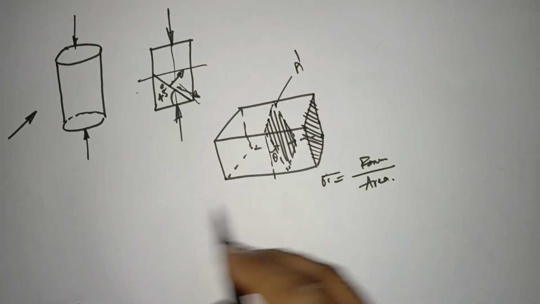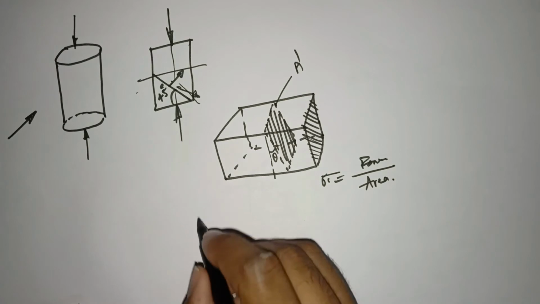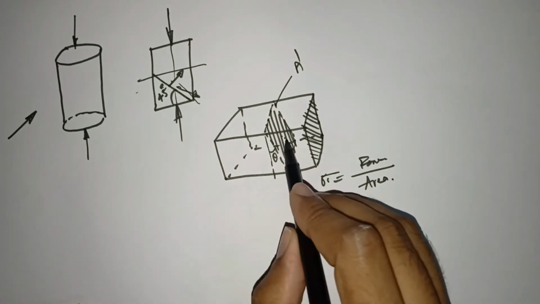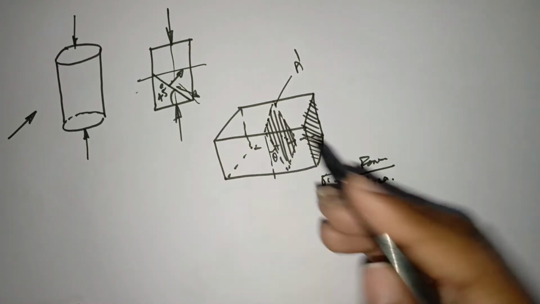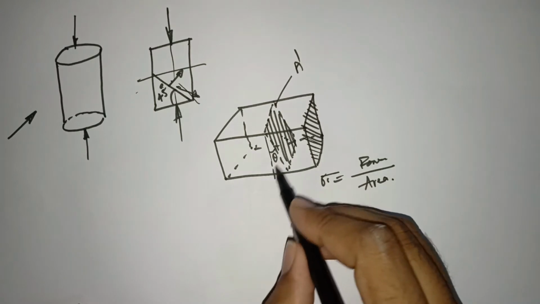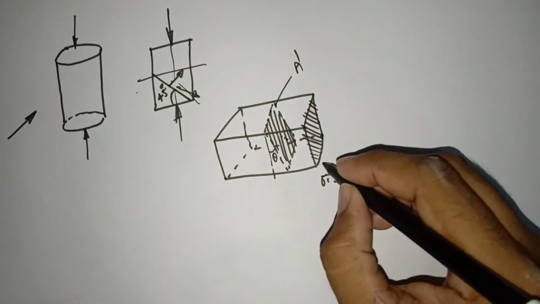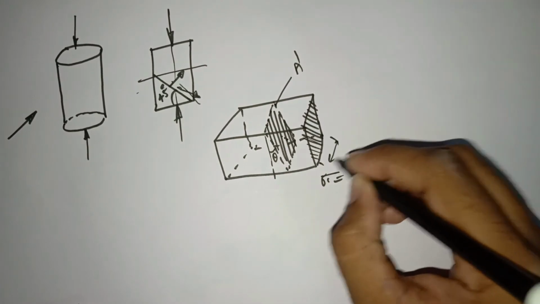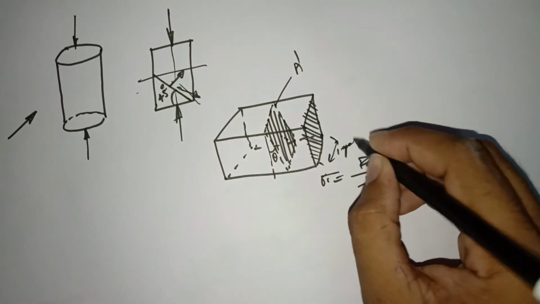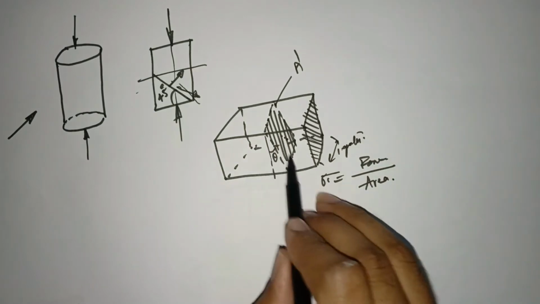So what we do now is first calculate the area of this plane. It is given by the inclination of this plane with respect to this plane, because even if you assume it as some unit quantity, you can find the area of this plane.